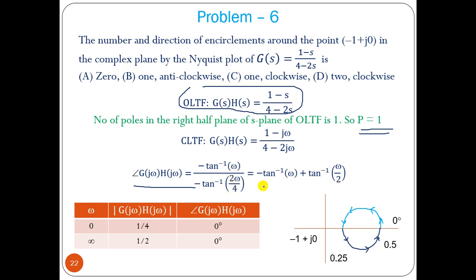So minus and plus, so this is the angle. Magnitude will be what? If we put omega equal to 0, it will be 1 by 4. If we put omega to infinity, it will be 1 by 2. This is the value. And at omega 0, it will be 0 degree. Omega equal to infinity, minus 90 plus 90, so it will be 0. So it will be starting from this point, 0.5.